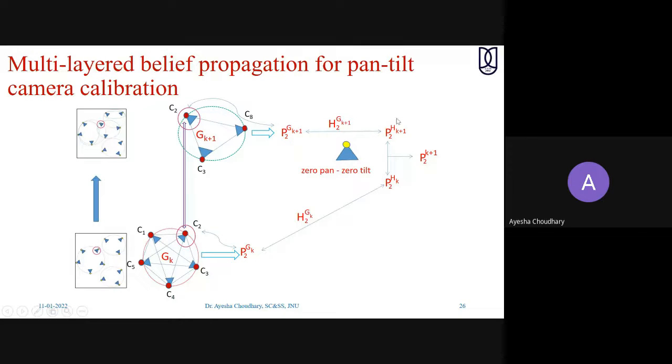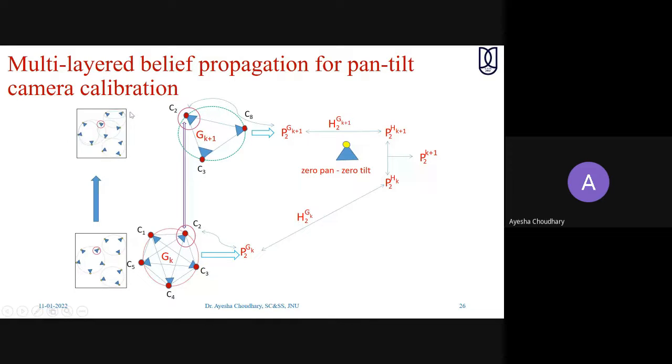Once I have two camera matrices for the same view, I can again use belief propagation and update my equations to come up with one camera matrix. Now, if we keep repeating this procedure, this is why I call it multi-layered belief propagation, because we are propagating belief between different layers.